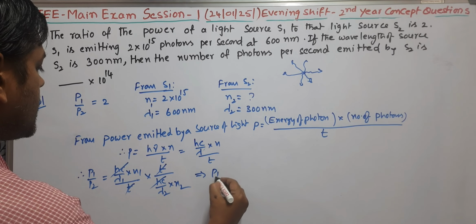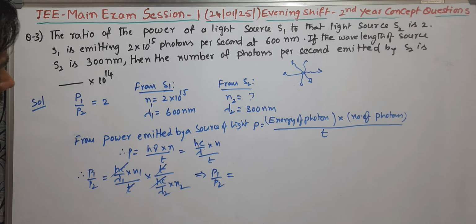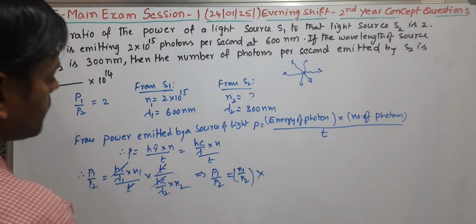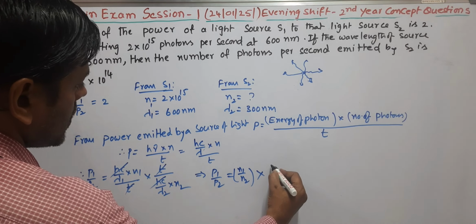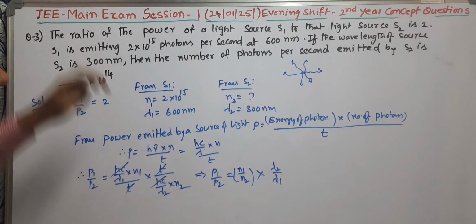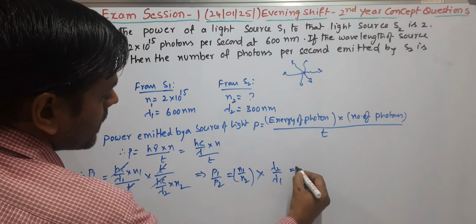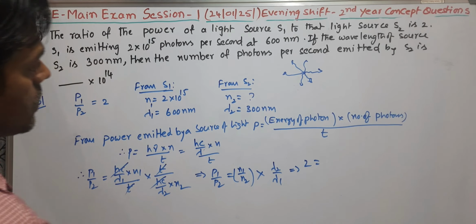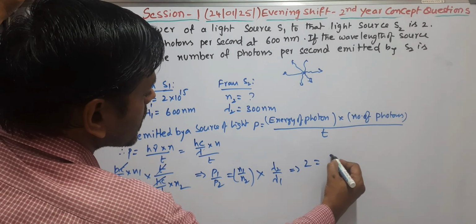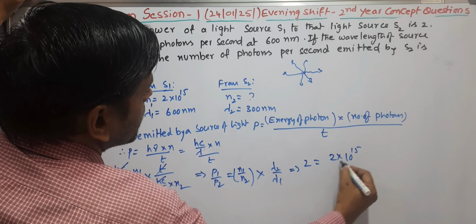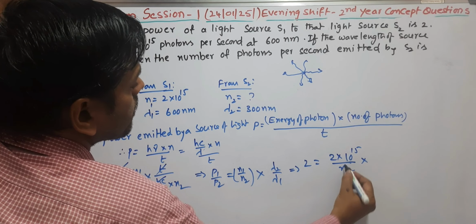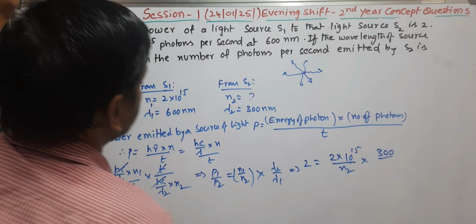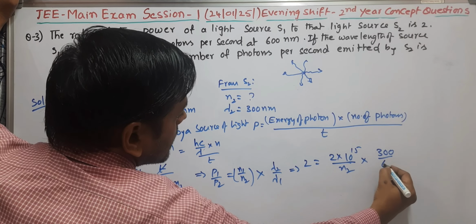That implies P1 by P2 is equal to N1 by N2 into lambda 2 by lambda 1. P1 by P2 is given as 2. So 2 is equal to 2 into 10 power 15 by N2, into lambda 2, which is 300 nanometer, by lambda 1, 600 nanometer.